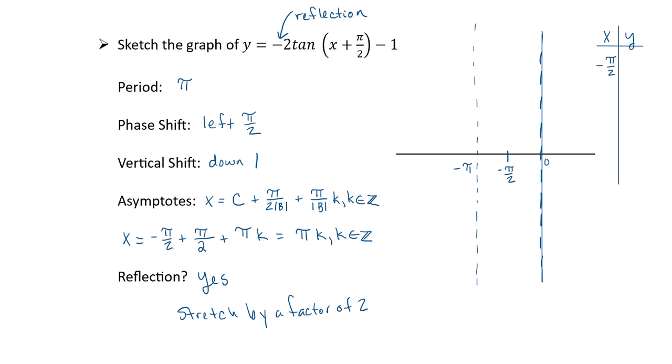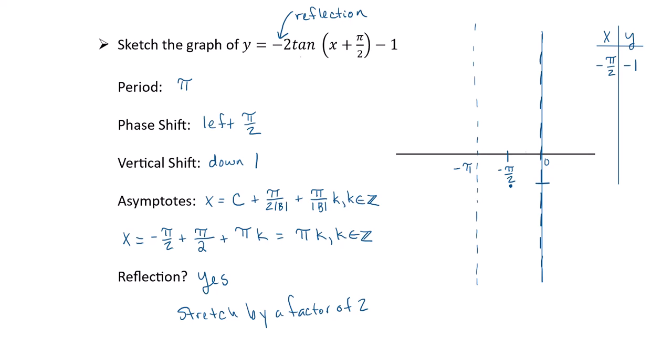So let's say if we put a negative pi over 2 in there, this would make this 0, and the tangent of 0 is 0, times negative 2 is 0, minus 1 is going to give me the coordinate of negative pi over 2, negative 1. So I go ahead and graph this point here. Normally it would be on the x-axis, but we shifted down 1 unit.